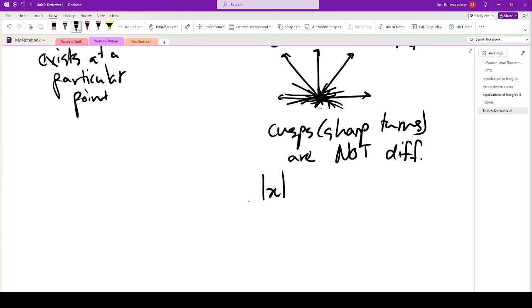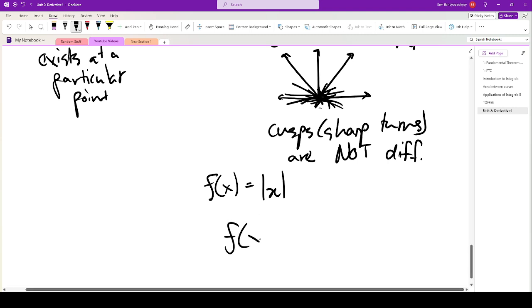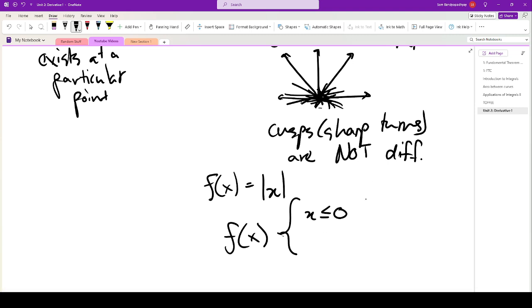If we were to write f of x equals absolute value of x as a piecewise function, it would look something like this. For x less than or equal to 0, we have f of x equals negative x. I'm not sure if this is the correct notation, but bear with me. And if x is greater than 0, f of x is going to be positive x.